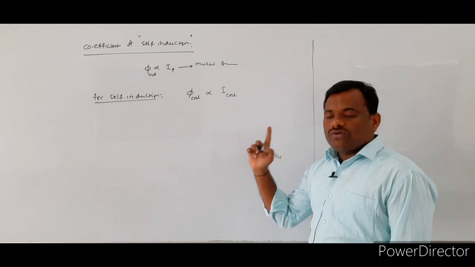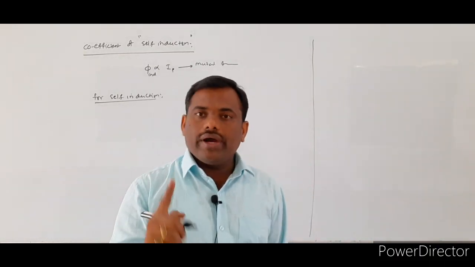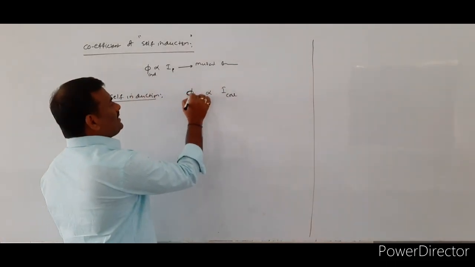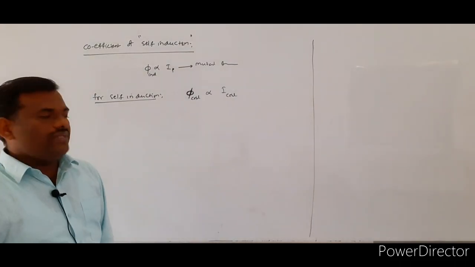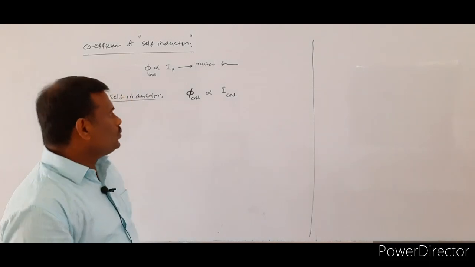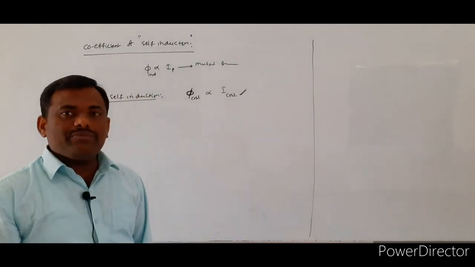Once again, for self-induction we have only a single coil. That's why I am writing that the amount of flux which is linked with the given coil is directly proportional to the amount of electrical current passing through the same coil.